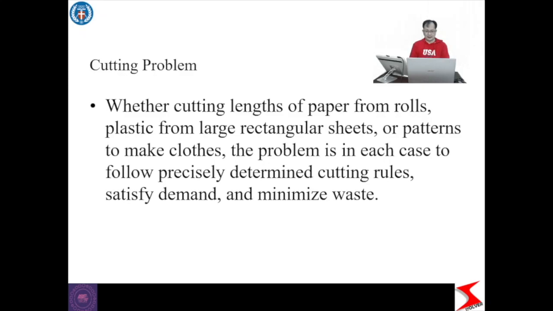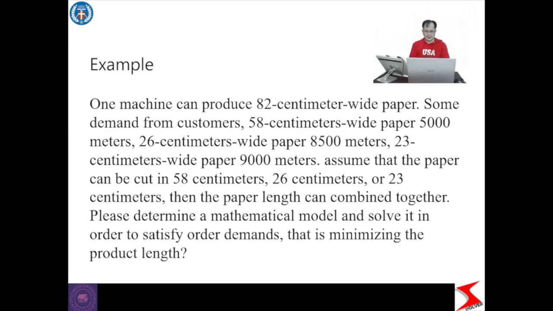While cutting lengths of paper from rolls, plastic from large rectangular sheets, or patterns to make clothes, the problem in each case is to follow precisely determined cutting rules, satisfy demand, and minimize waste. Of course, this kind of cutting problem can also be used in the steel industry. Here is an example for the paper industry.